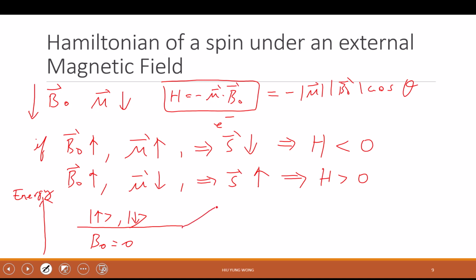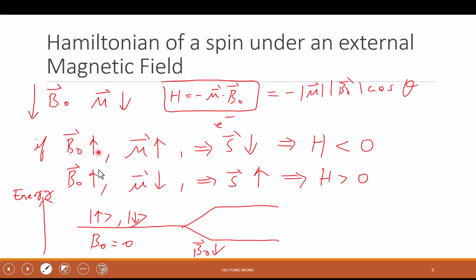I'm going to apply a magnetic field, and in this case, apply the magnetic field down. When I apply the magnetic field down, this is a little bit opposite, right? If it's applied down, then which one will give me lower energy?